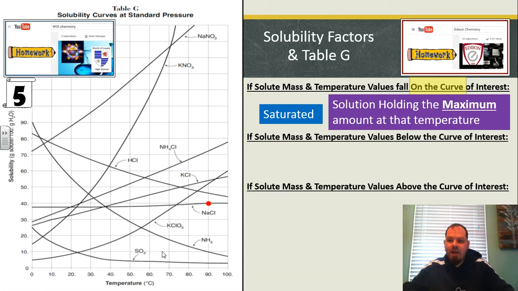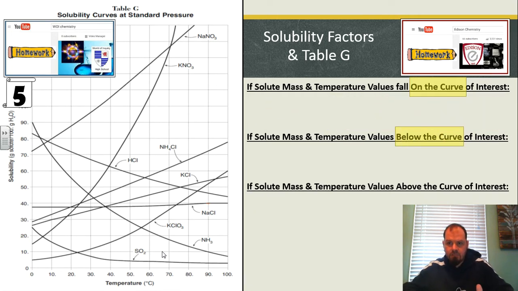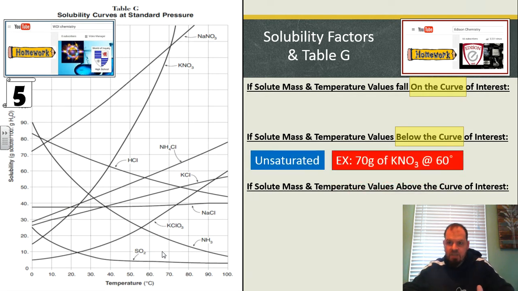Then, if my plot falls below the line, that is unsaturated. Let me give you an example of what I'm talking about. 70 grams of KNO3 at 60 degrees. So I'm going to plot those 2 points. 70 grams is on the y-axis. Temperature is on the x-axis. And then I'm talking about here KNO3.